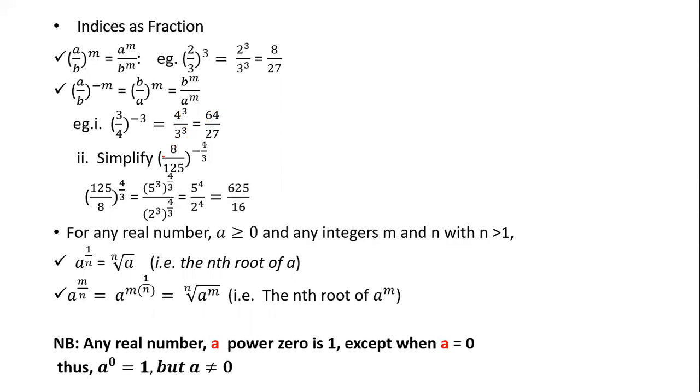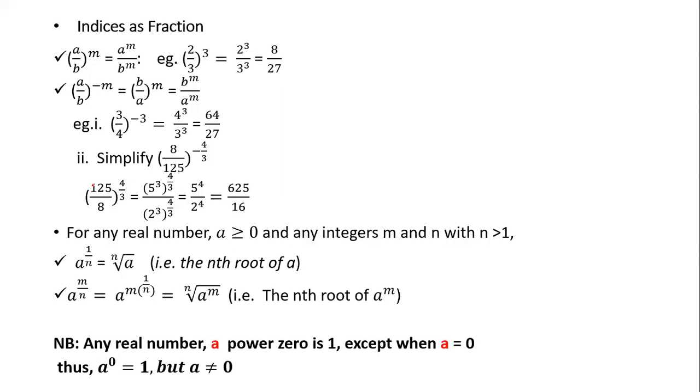Then in a similar manner, we have 8 over 125 all power negative 4 over 3. So we are going to reciprocate 8 and 125. So it becomes 125 over 8, and the negative sign will go away, all power 4 over 3.